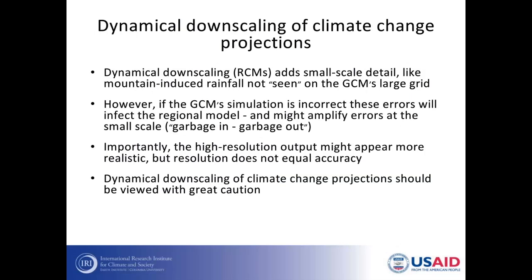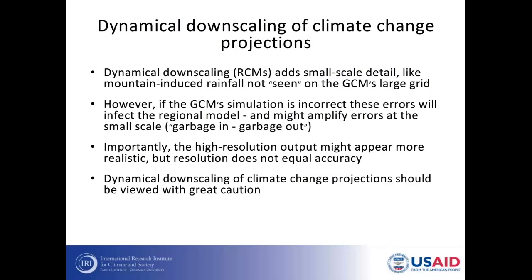Let's talk a bit more about dynamical downscaling of climate change projections. Dynamical downscaling, regional climate models, add small-scale detail like mountain-induced rainfall not seen on the GCM's large grid. However, if the GCM simulation is incorrect, these errors will also infect the regional model's output and might even amplify errors at small scale, garbage in, garbage out.